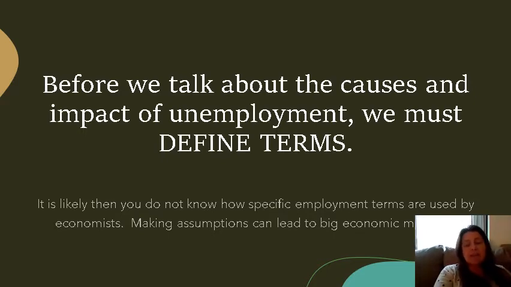For instance, once you find out what the unemployment rate really means, you're going to perhaps have a very different view of what the impacts and changes are when that number changes in an economy. Another thing is that it may help you to set some things right.